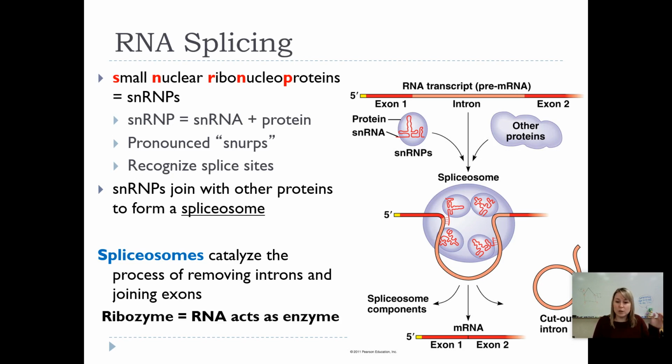So this is kind of cool. A spliceosome is an example of a ribozyme where RNA is actually working together with a protein like an enzyme to catalyze the breaking of RNA. Catalyzes a reaction. Kind of cool.